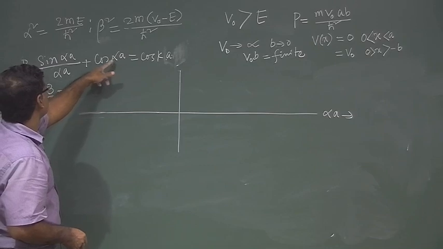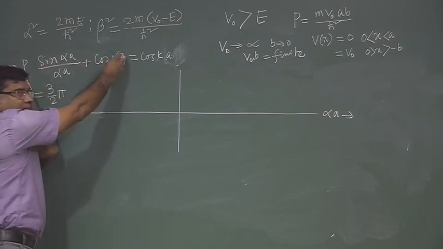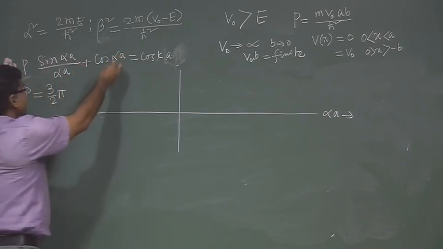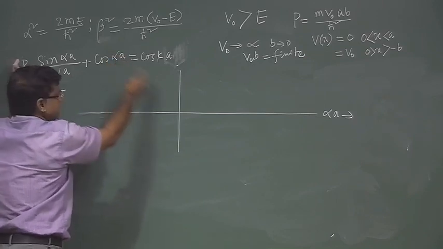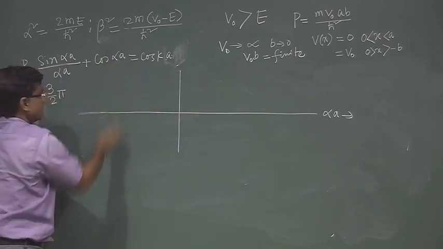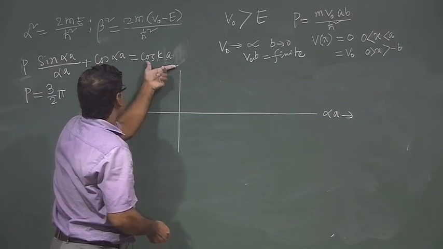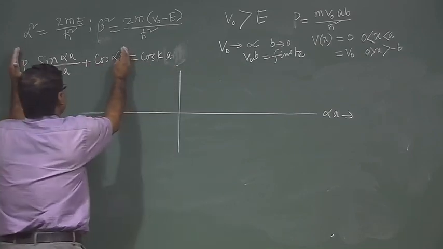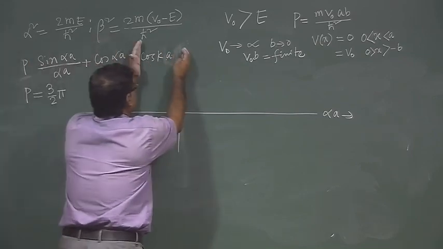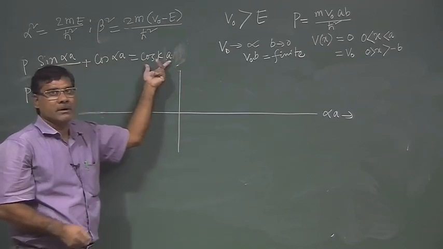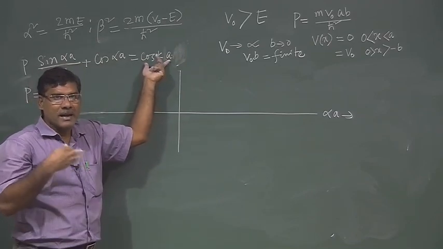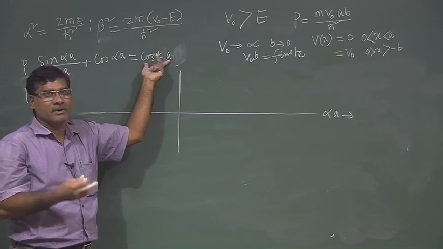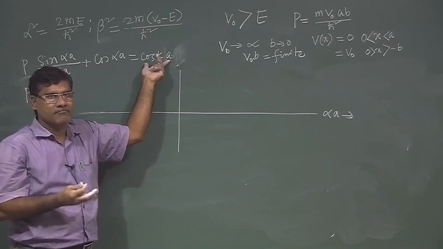if I plot, say left hand side, in terms of alpha a, this part will be equal to that other part, and cos value can have value between +1 and -1, right.